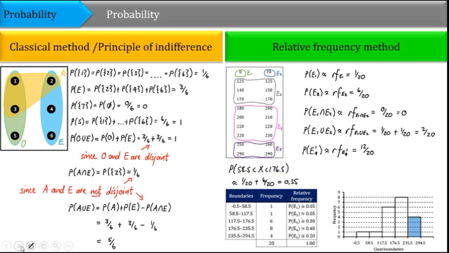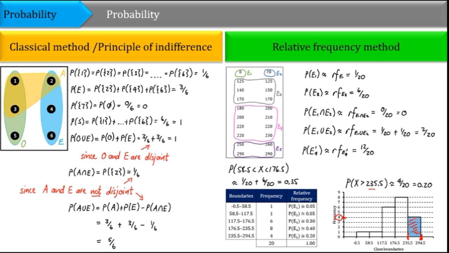What about for histogram? Well, it's exactly the same thing. Probability, let's say, of x greater than 235.5, it's going to be that interval over here, and the probability will be estimated using that area over there, which is 4 over 20. Okay, there's 4, that's the height.